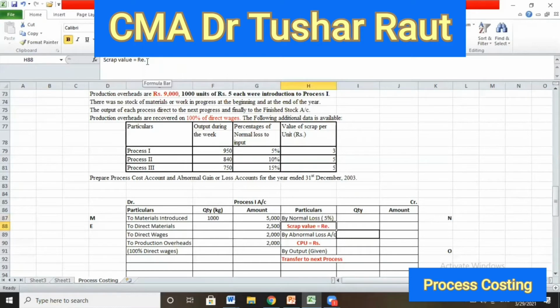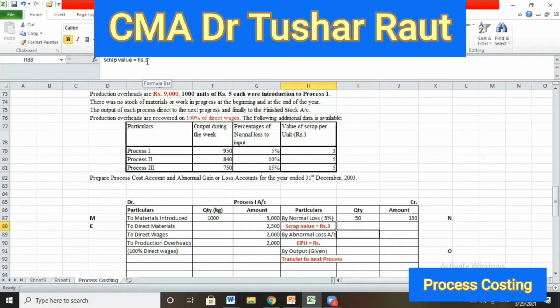As per scrap value, it was given rupees 3 per unit. So input quantity is 1000, 1000 into 5% will be 50, and 50 multiplied by 3 is 150. So this is how we calculate normal loss.